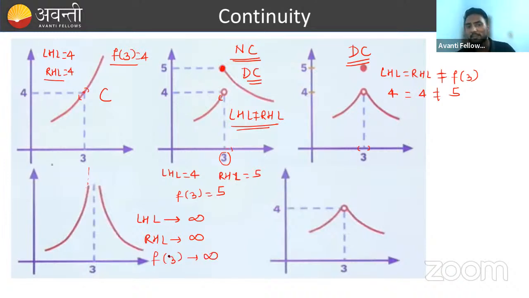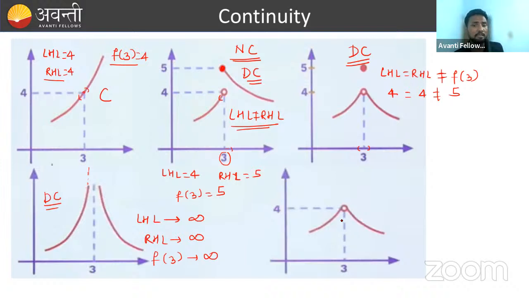So in this case, when we don't have any finite quantity, we can't simply say that LHL equals RHL equals f of 3. This kind of thing is also discontinuous because it is not getting a finite value. It is tending to infinity, so we are not sure about it. So that's why this is also discontinuous.